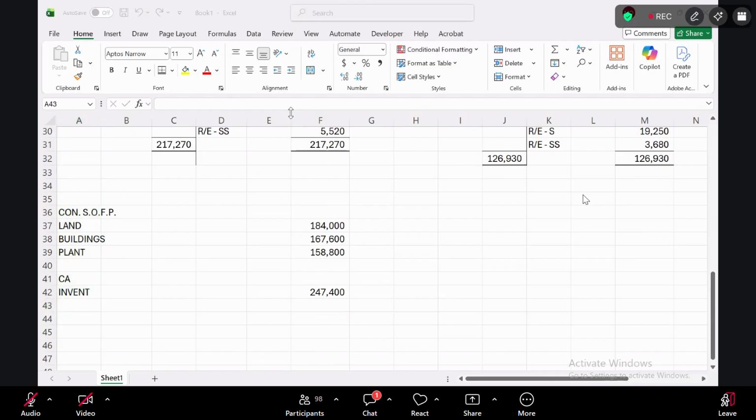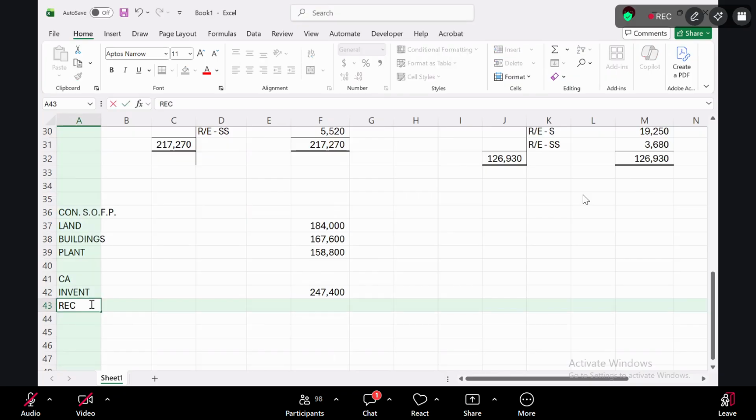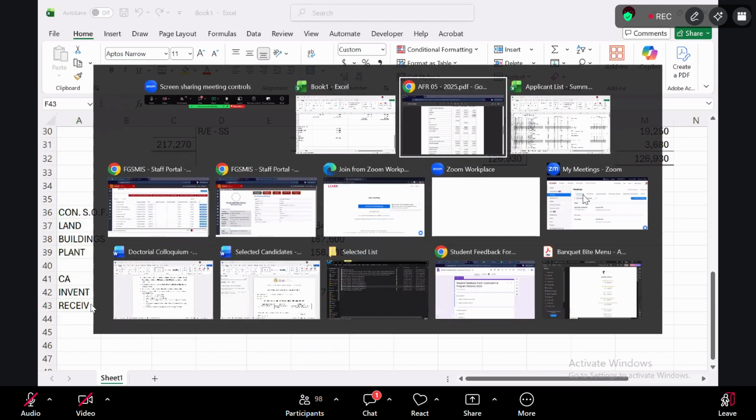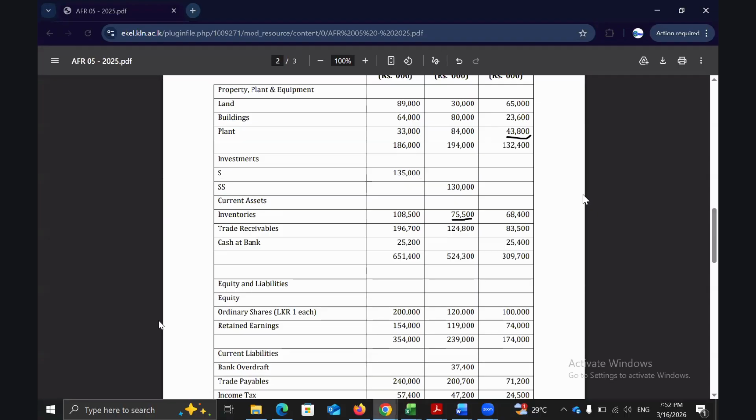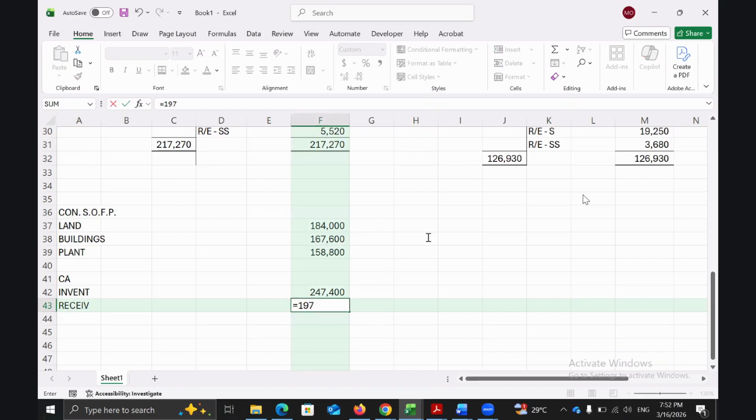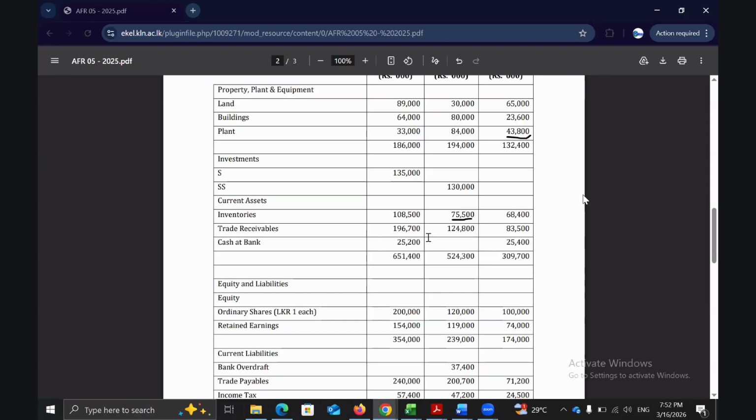Okay. Then for the receivables, we are having balances of 196,700 plus 124,800 plus 83,500. අපිට තියෙනවා receivables කියලා මේ balances තුන.